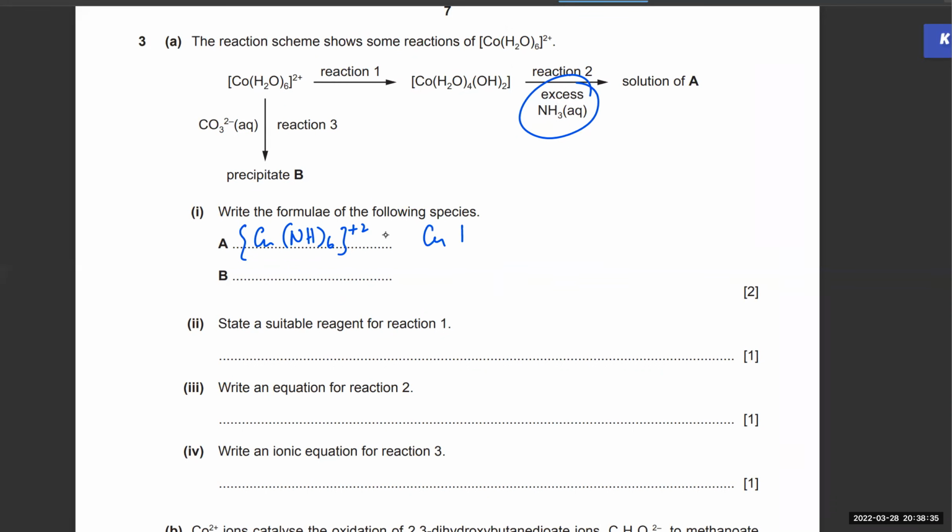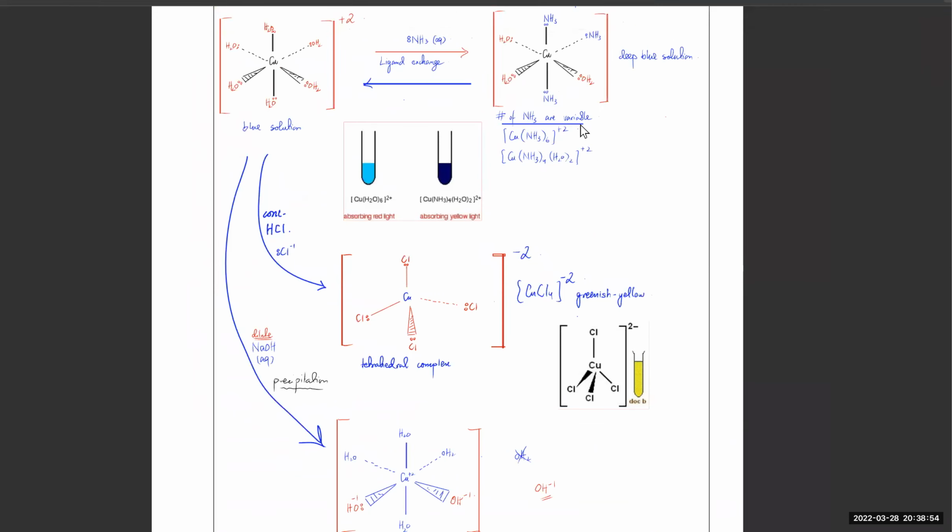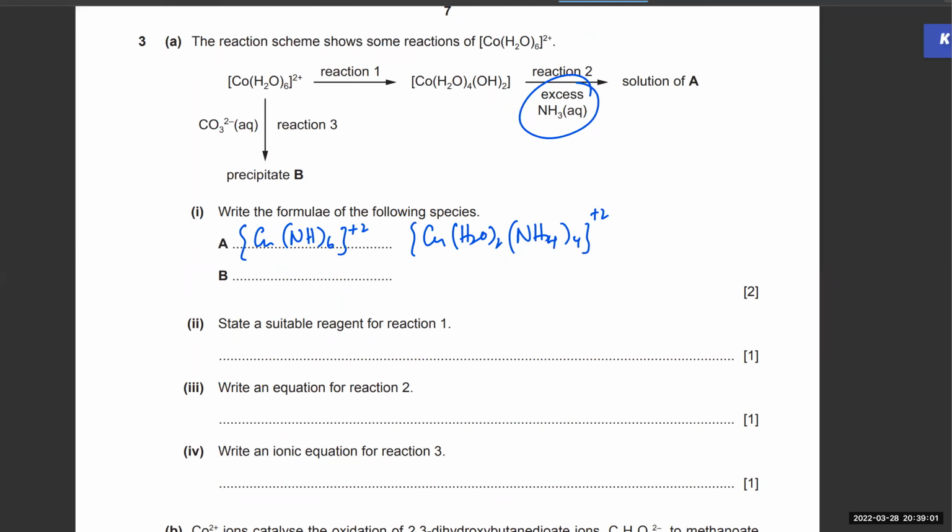Or you can add a bunch of water molecules as well into it, like 2 water molecules, but it doesn't really matter. The total combined number of ligands should come out to be 6. Even in the notes, the number of NH3 is variable. So just remember that there are 6 positions. So all 6 can be NH3s.